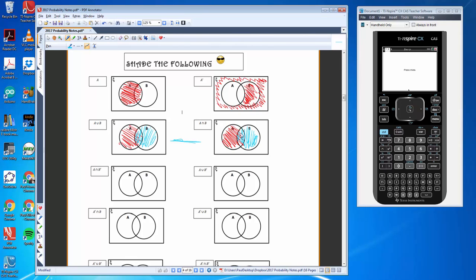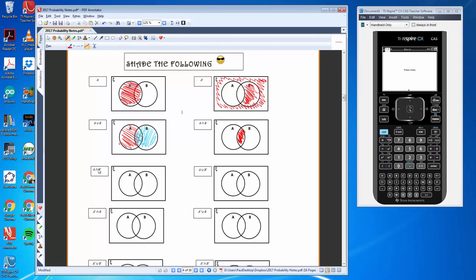And the answer is in the middle here. So this is the only place that A and B has happened, in the middle here. So in fact the shading for A and B, and I'm going to undo, is actually the intersection, this part here, because that's where it happens in both A and B.